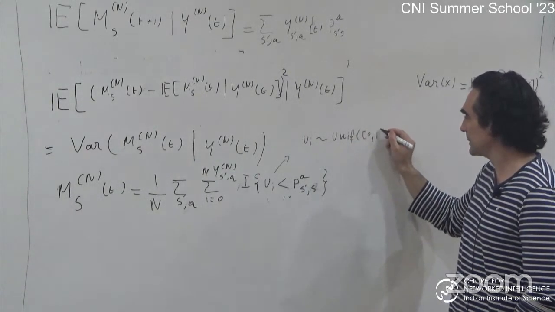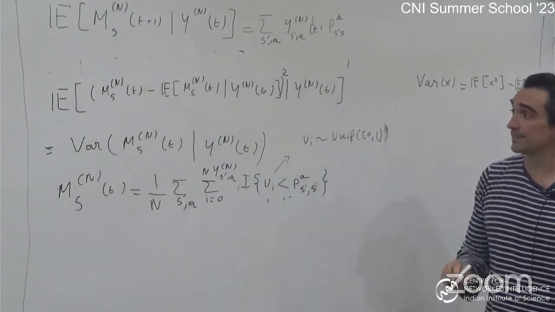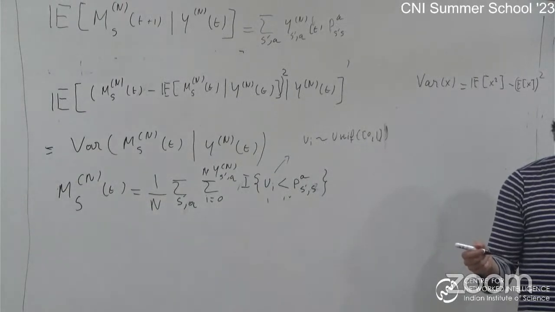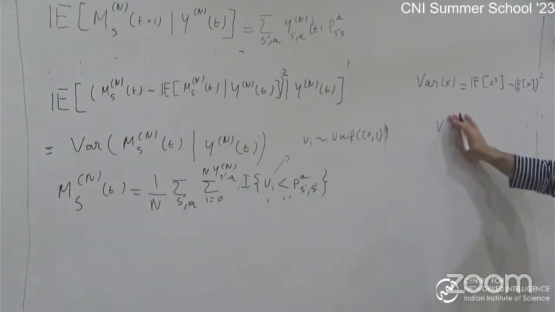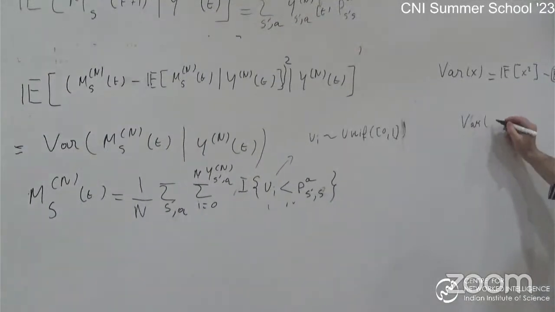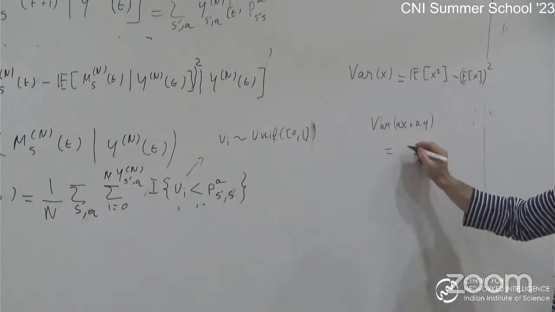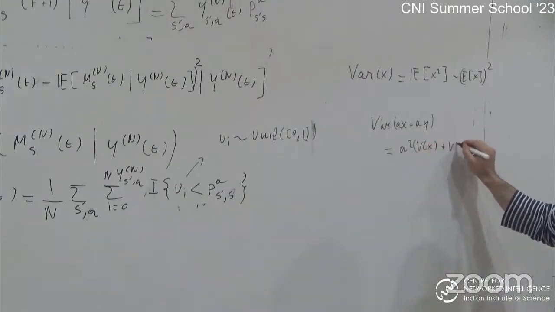So what is the good news of that? This is extremely easy to compute the variance, right? Because what we are doing is computing the variance of aX plus bY.